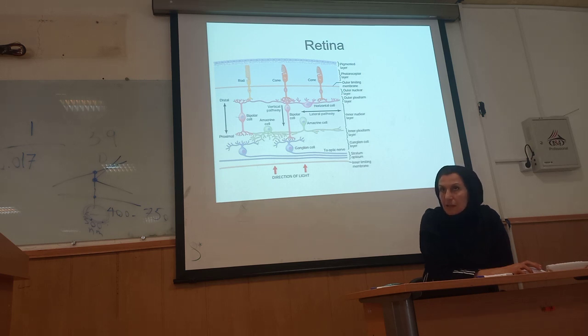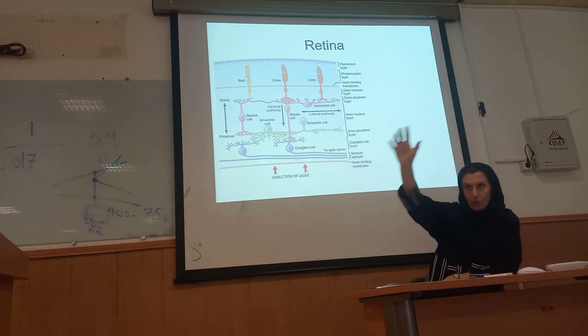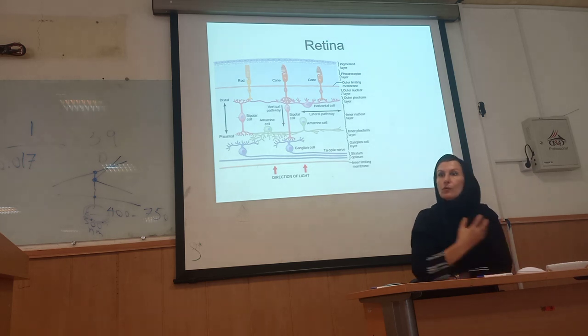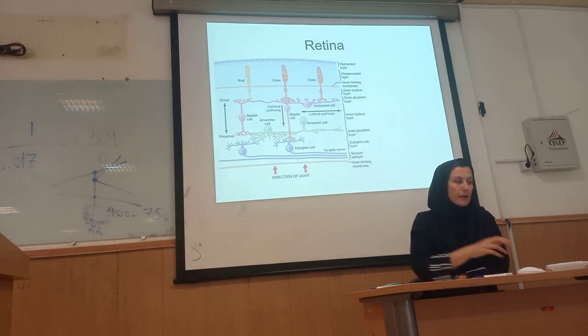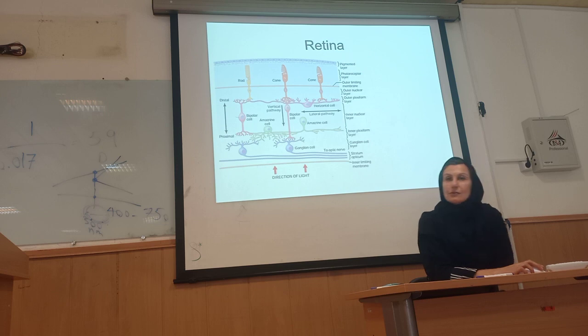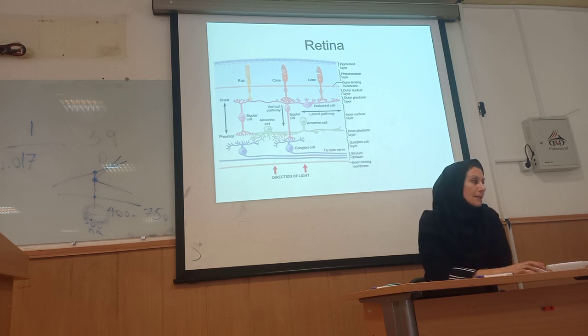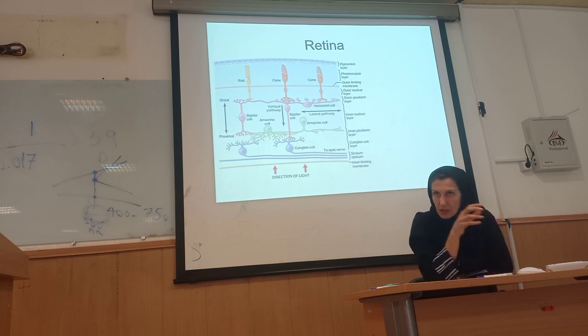Energy from the external world, converting it to something that is acceptable and understandable for our nervous system. Okay? I know that you know about the histology of the retina, but here I don't want to mention the histology.